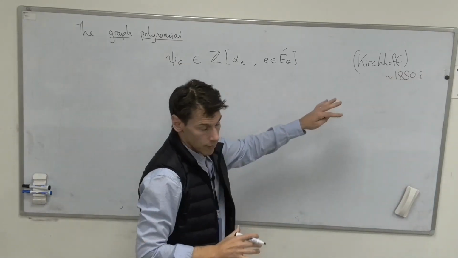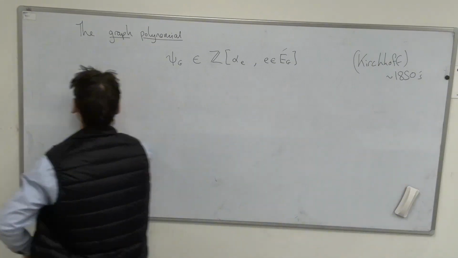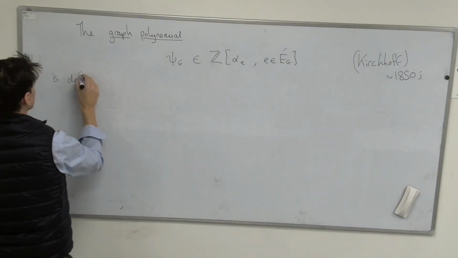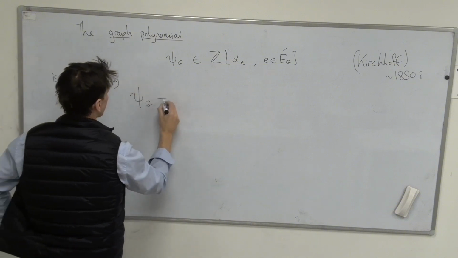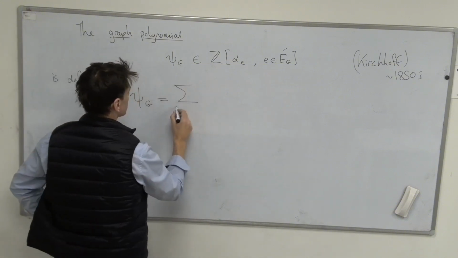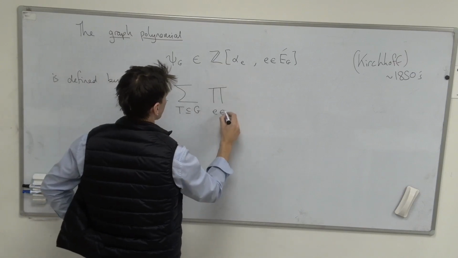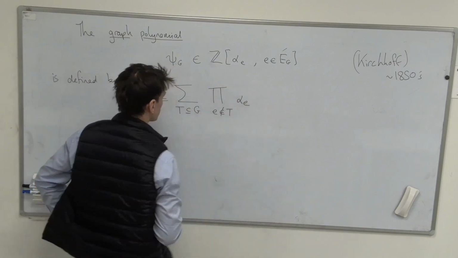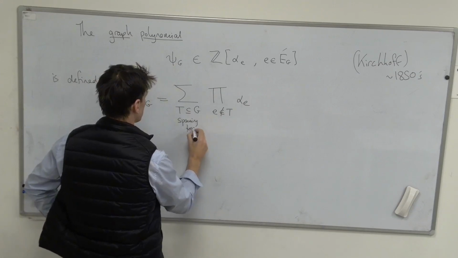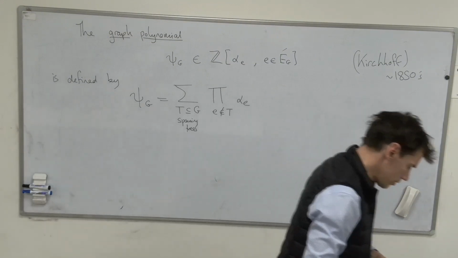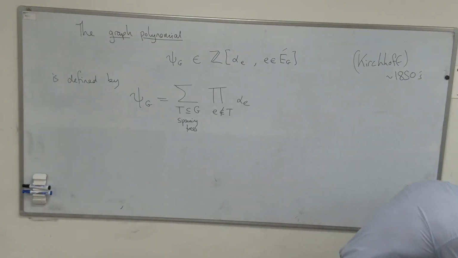He was studying resistance in electrical circuits, and he invented this to do that. And it is defined by Psi_G equals a sum. These are absolutely fascinating polynomials with lots of remarkable properties.